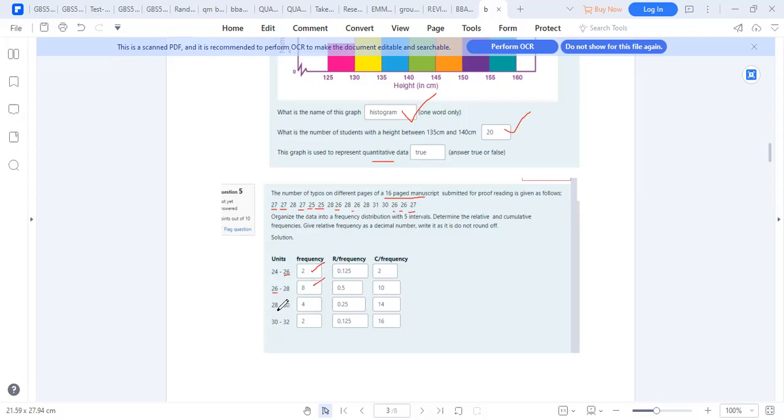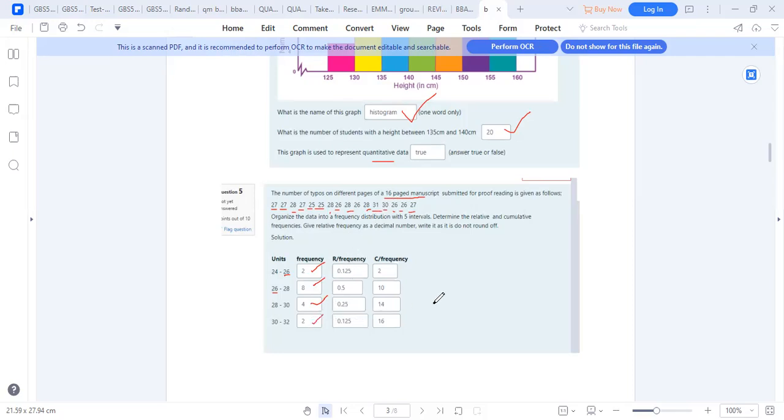Then between 28 and 29, there are 4. 1, 2, 3, 4. Oh, 30 and 31, sorry. There are two there.